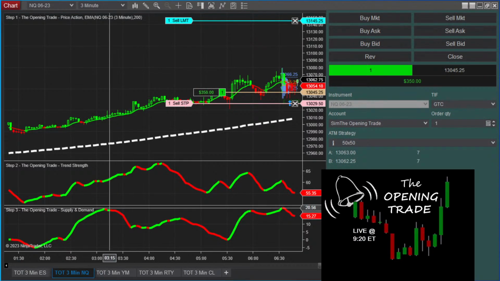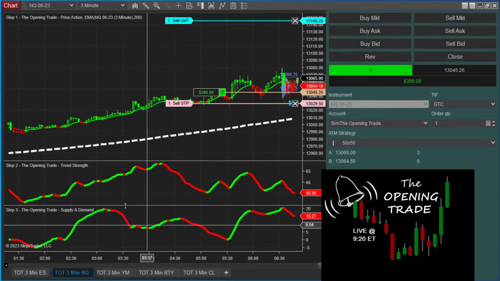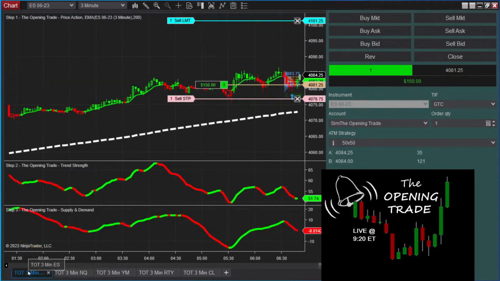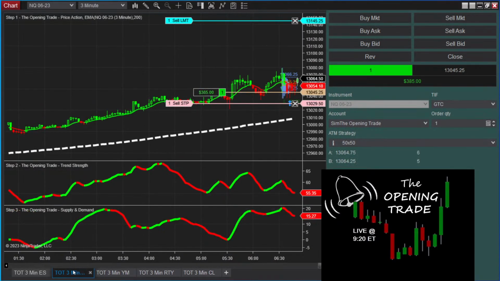The NASDAQ is starting to move upward. It just saw 400 there. S&P 500 is starting to move a little bit. Looks like my computer's being a little laggy.